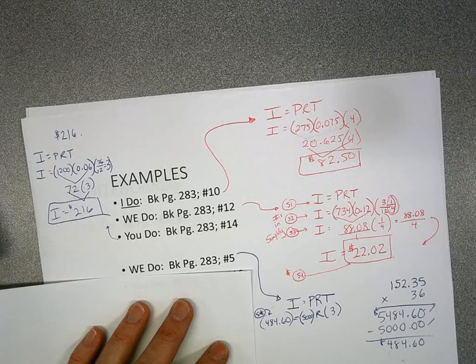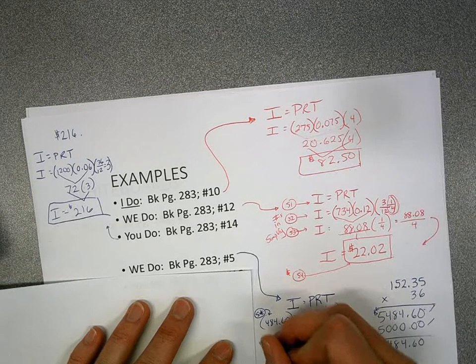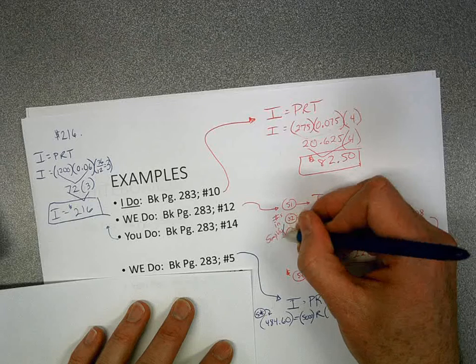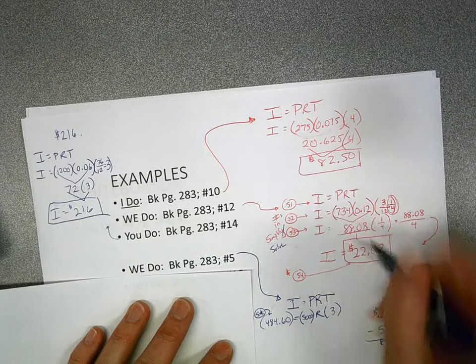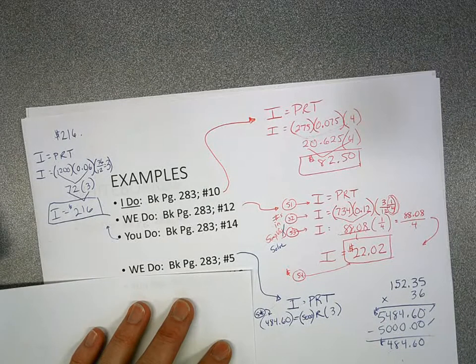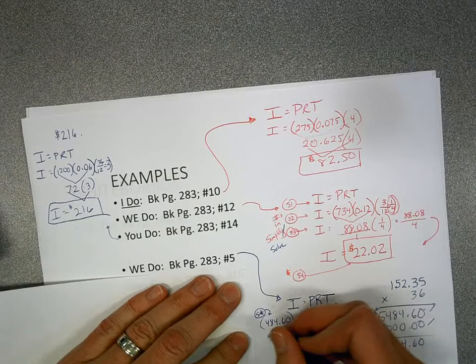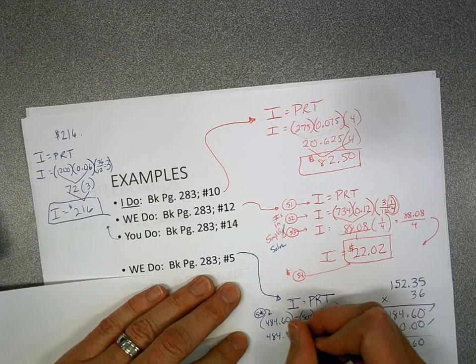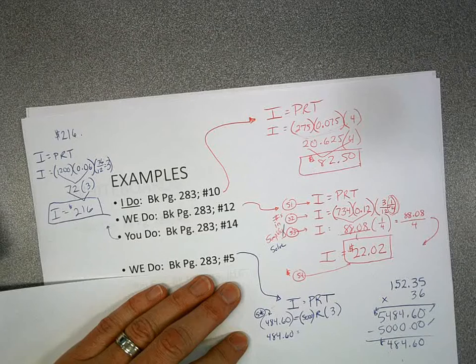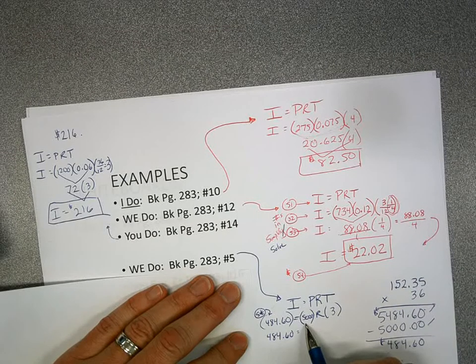Okay, so step 3, I guess I should have had simplify or solve, because in this case, this is an equation that we have to solve. Now, before we solve this, here's what I'm going to do. I'm going to rewrite my 484.60 and my equal sign, but I have 5,000 times R times 3.